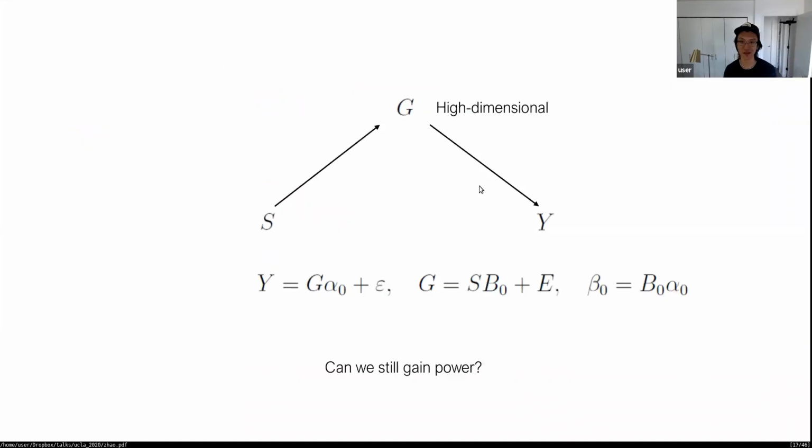Let me talk about hundreds of thousands of Gs, but not a million S. The answer to your question is yes, the power gain is still there under certain conditions if you have high dimensional G. The method that gets you there is harder, and we haven't figured out how to get high dimensional S and high dimensional G to work. I don't remember why. However, as in standard GWAS, when people do marginal association between Y and S, we can still do that here.